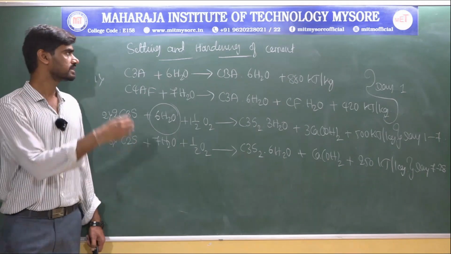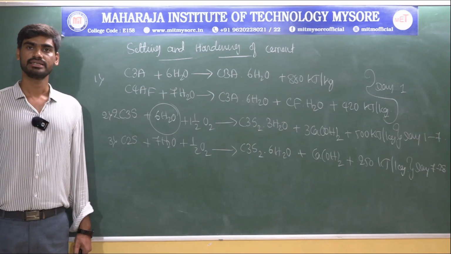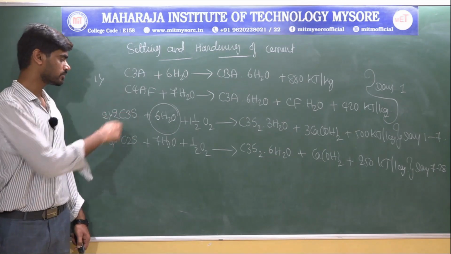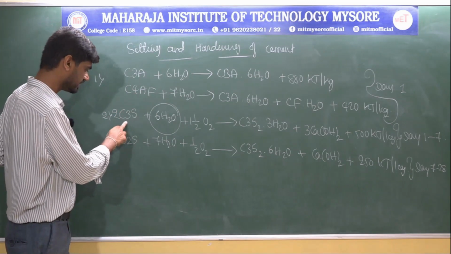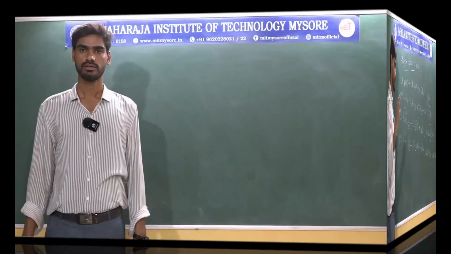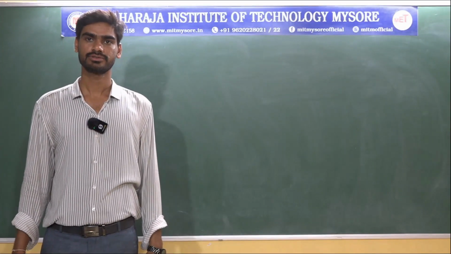So that means the hardening and setting of cement is mainly caused by Bogue's compounds such as C3A, C4AF, C3S and C2S. Let us discuss the additives of cement.